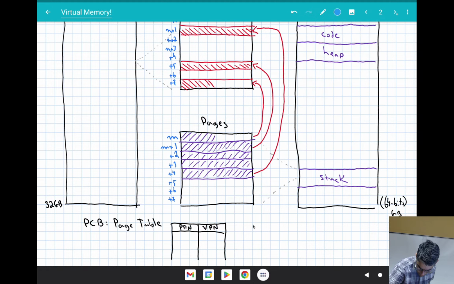In this table, I'm going to have entries that represent the allocations that I've got. So page M in my virtual address space is going to page frame N plus 7. Virtual page number M plus 1 is going to page frame N plus 5, and, I'm sorry, M plus 4 is going to page frame N plus 1.